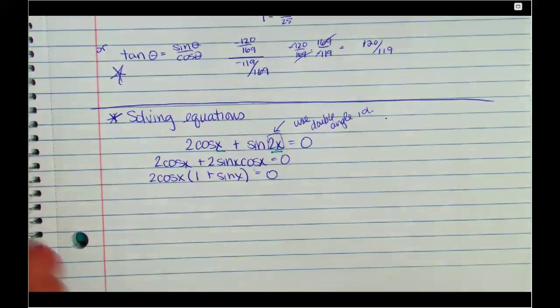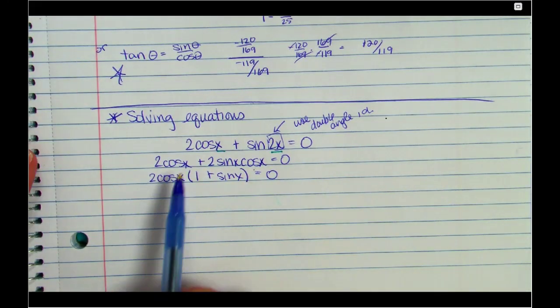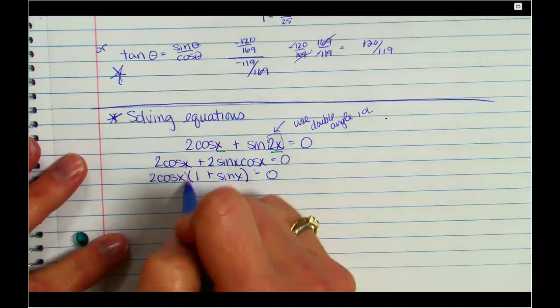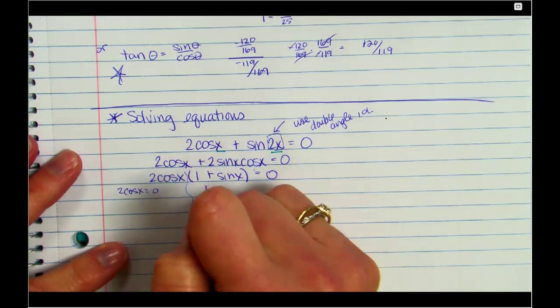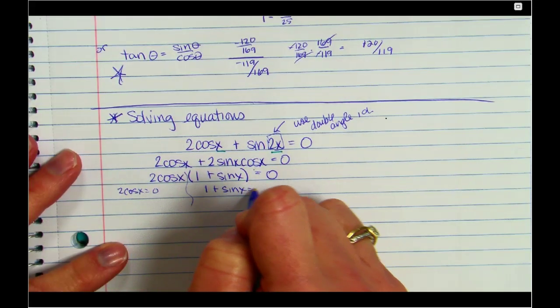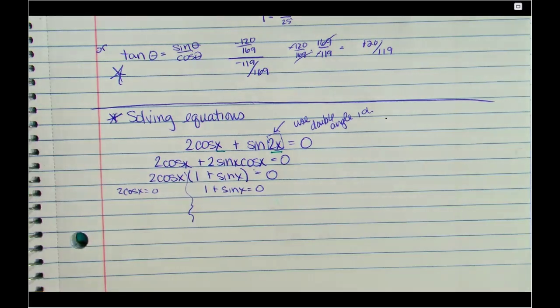Now you solve it. Just a reminder, how do you solve this? Each of them equals 0. So 2 cosine x equals 0 and 1 plus sine x equals 0. We're not going to finish that because it's extra credit, but I want you to know that that's a thing because that's on the extra credit.